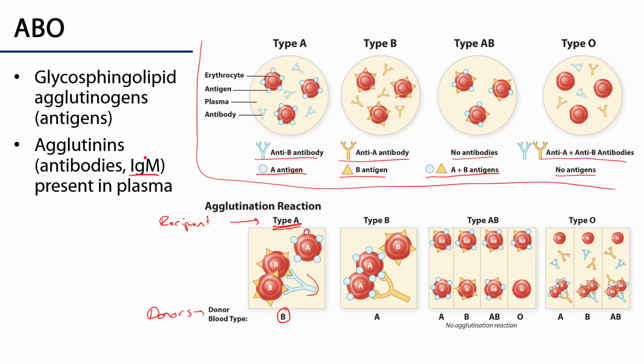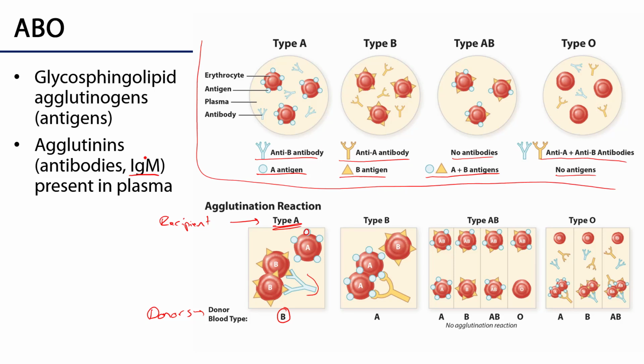IgM is the largest type of all of the antibodies. It also happens to be the first on the scene, and it can work either through that classical pathway of involving complement and destroying everything around it, or through agglutination.